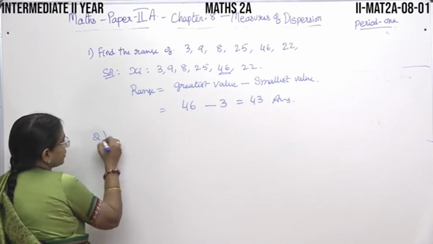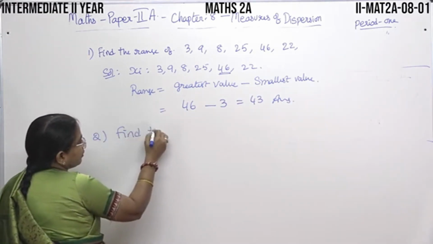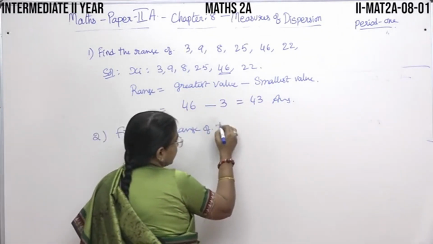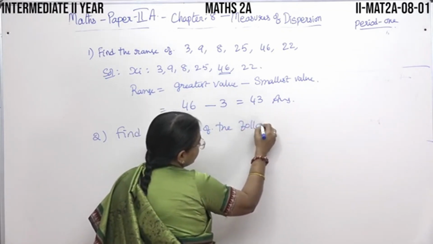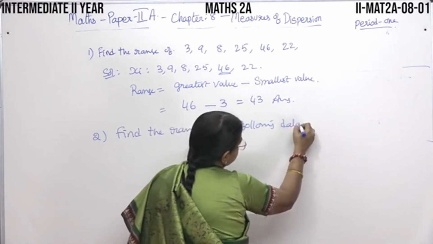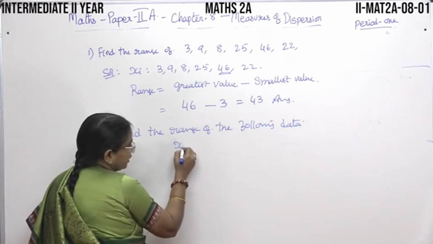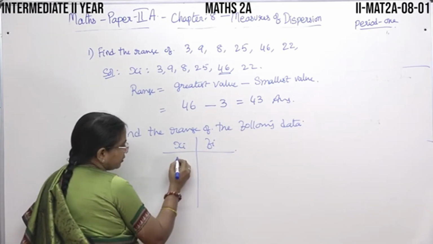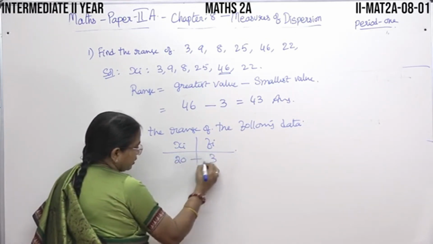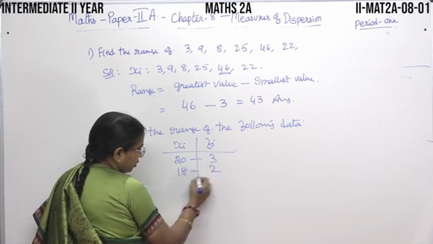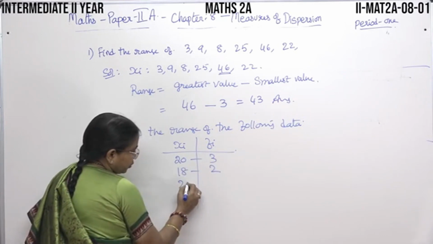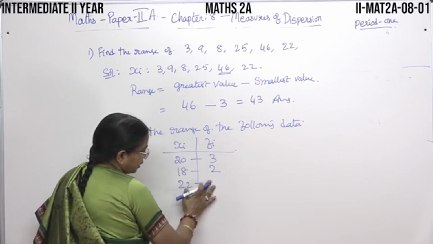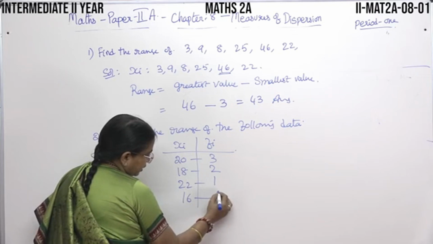Okay, now find the range of the following data. Suppose the data is given as xi and fi like this: 20 with 3, 18 with 2, 22 with 1, 16 with 2.